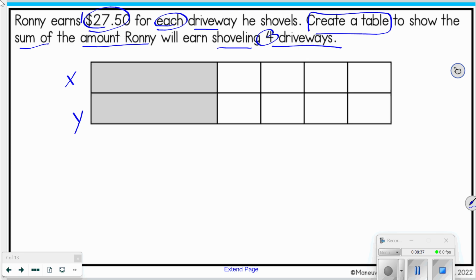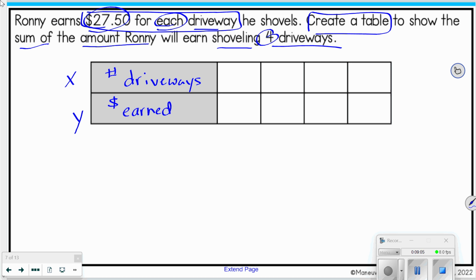And they kind of gave it to us here in our initial one, $27.50 for each driveway. So the top one is going to be our dollars earned. Our second is going to be the number of, actually I take that back. This is going to be the number of driveways. And this is going to be the dollars earned.